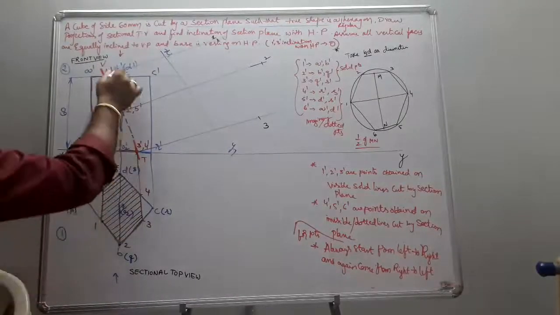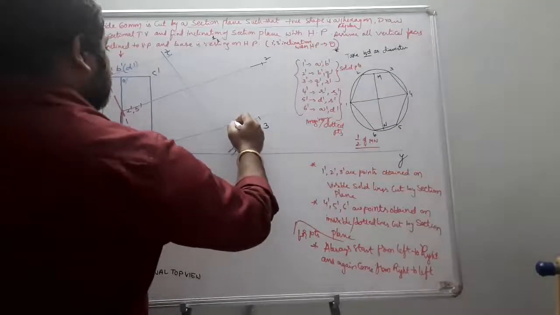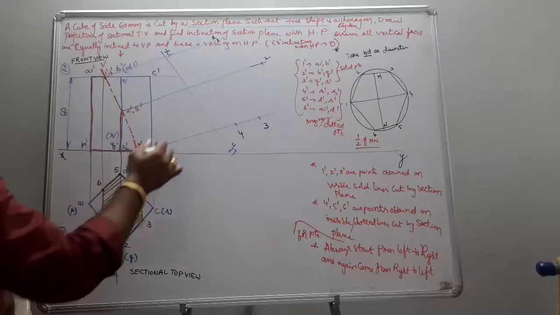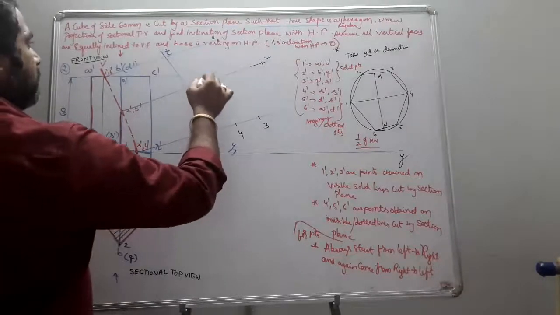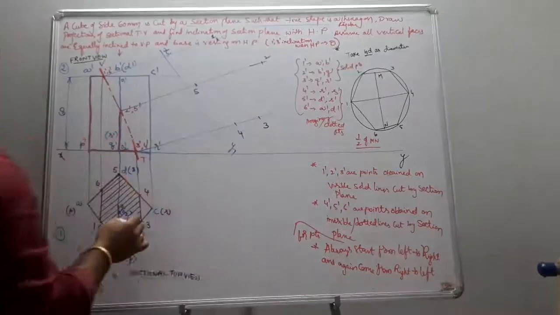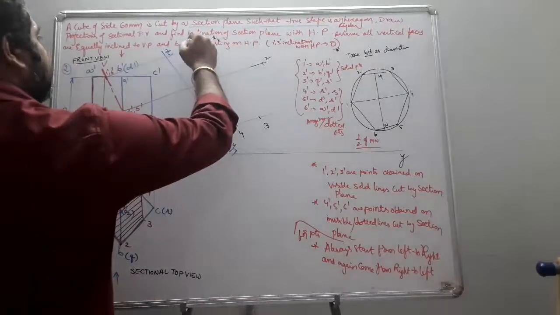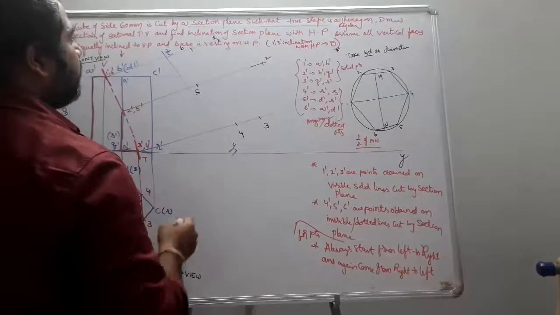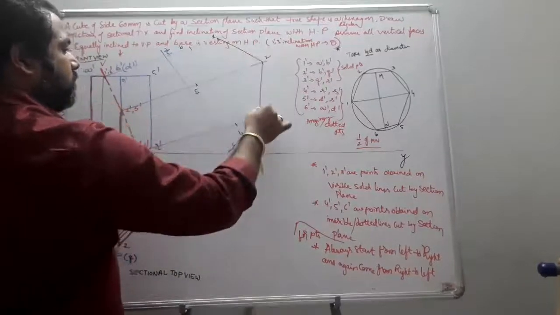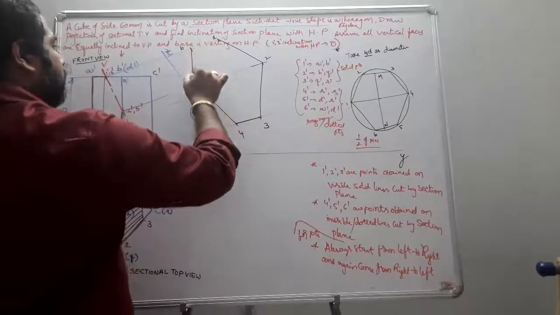Next, this was point 4. Next, this was point 5. Next, this was point 6. So join all the points: 1, 2, 2, 3, 3, 4, 4, 5, 5, 6.